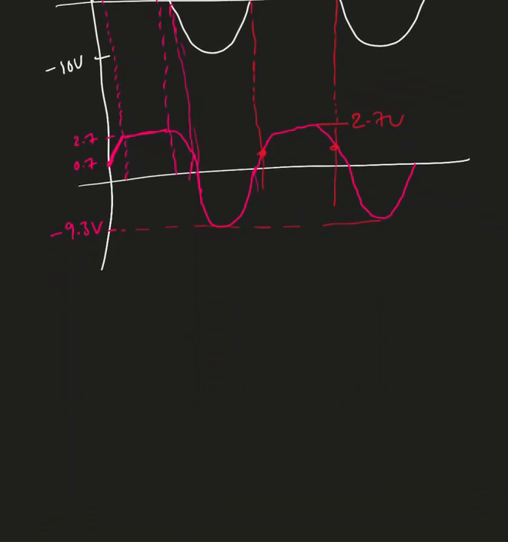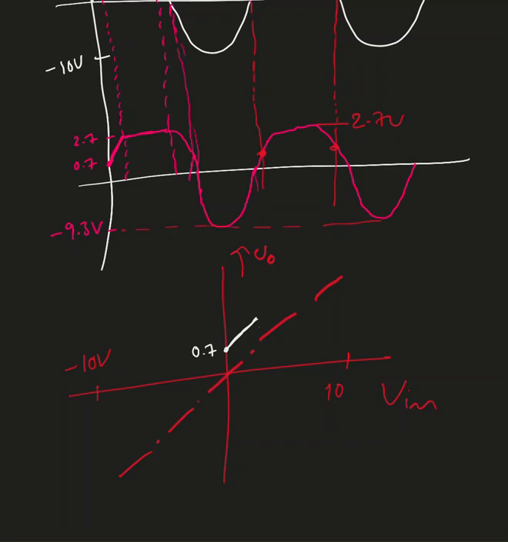Now when I draw the transfer characteristics, here is my input and output. The dotted line is input. Here that's plus 10 volts, that is minus 10 volts. Now my output waveform, look at it, it is shifted. Starting at 0.7, when the input is 0, my output is 0.7, and it will follow the input, but it goes up to 2.7 volts.